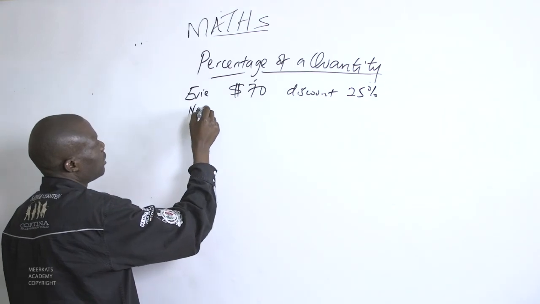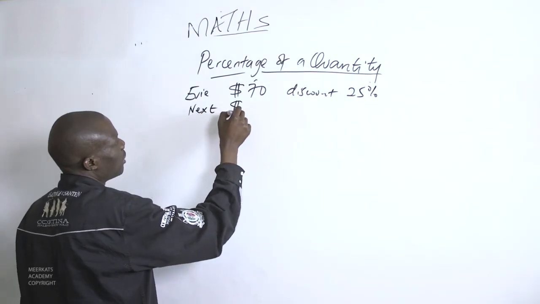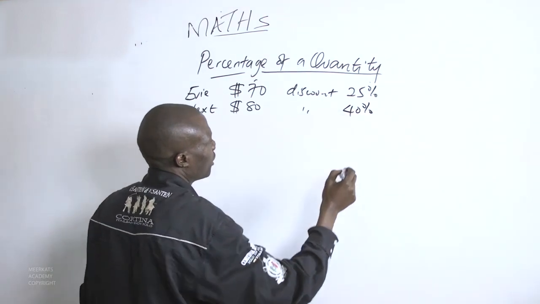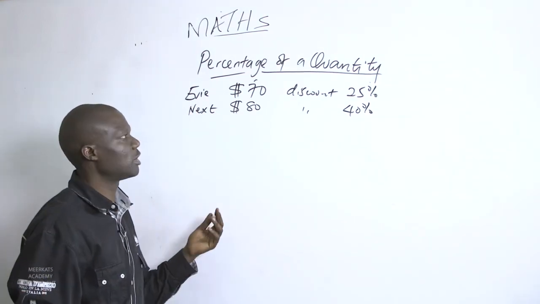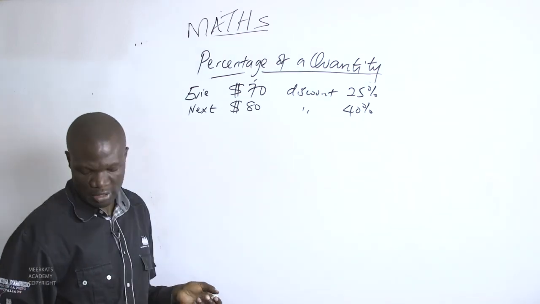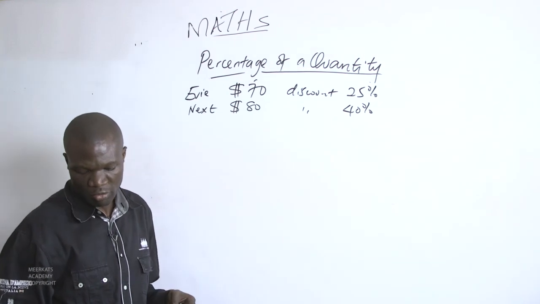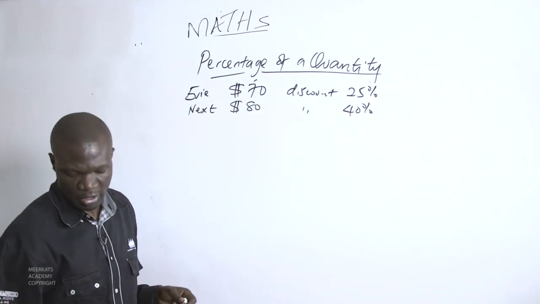We have Next jeans, which go at $80 with a discount of 40%. So we can start working out the cost of the first style of jeans, that is the AV jeans. So we need to calculate what is the discount for purchasing AV jeans.